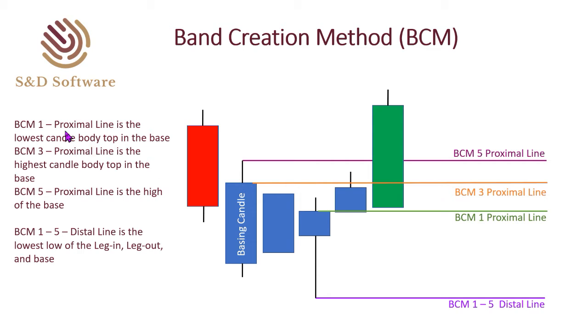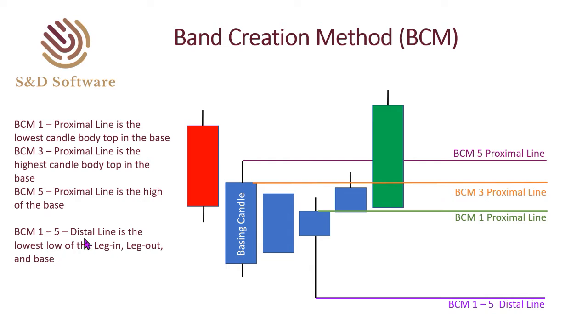So for BCM1, the proximal line is the lowest candle body top in the base. BCM3, the proximal line is the highest candle body top in the base. And BCM5, the proximal line is the high of the base.